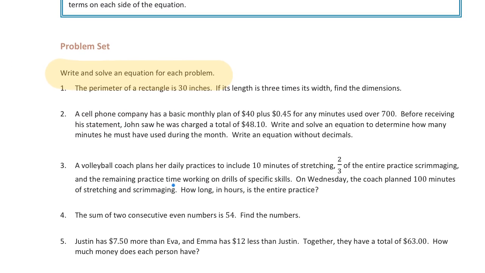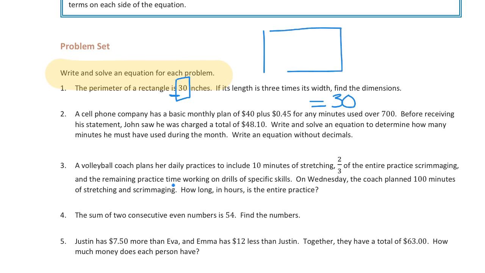So it says the perimeter of a rectangle is 30 inches. That word is a clue, and that tells me my answer to my equation is 30. So 30 is what's going to come after the equal sign. So I know equals 30. It says if the length is 3 times the width, find the dimensions.